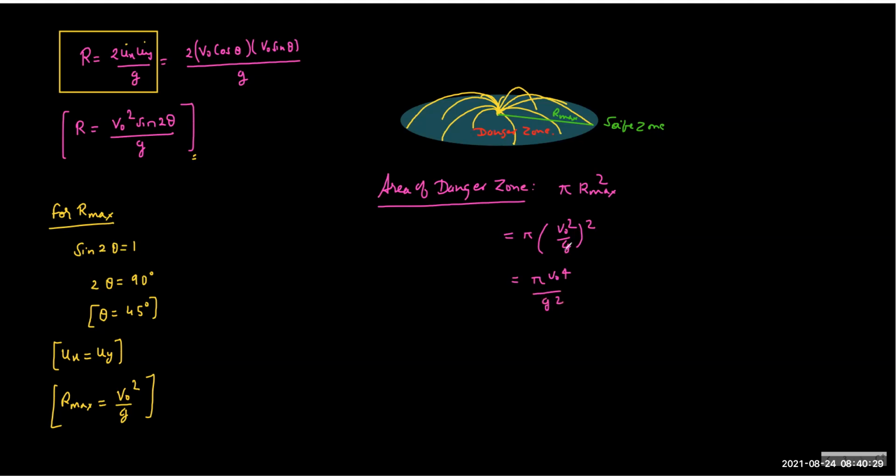So if you are in this area, you are probably in the danger area because you may get hit by a bullet. But if you cross this area, then the bullet cannot reach you no matter what.